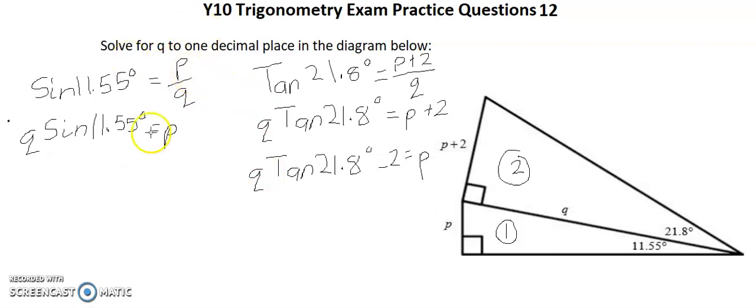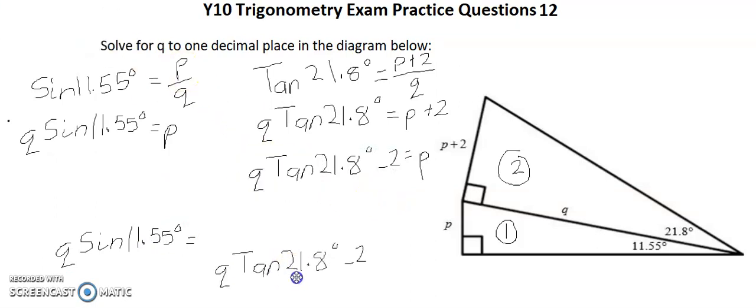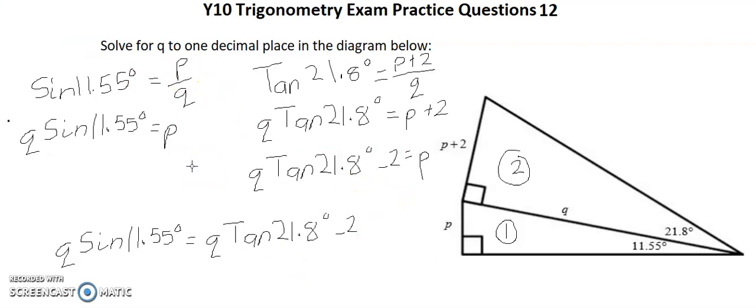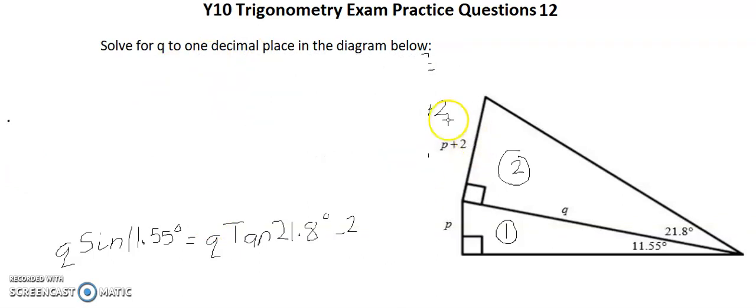So my new equation is going to be Q sine 11.55 degrees, that is equal to P, but also Q tan 21.8 minus 2 is also equal to P. So that allows me now to have one big equation. So before we continue, I'm just going to delete all the other working out, just so we've got some space to work.